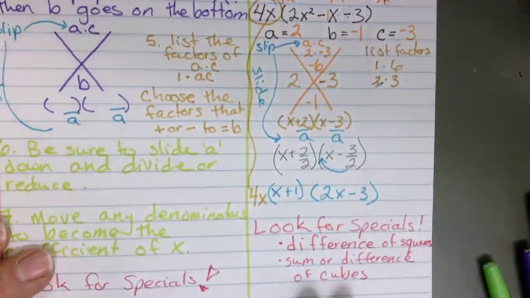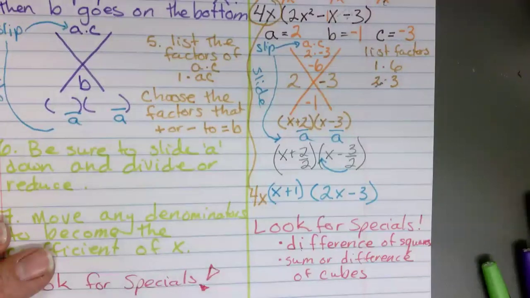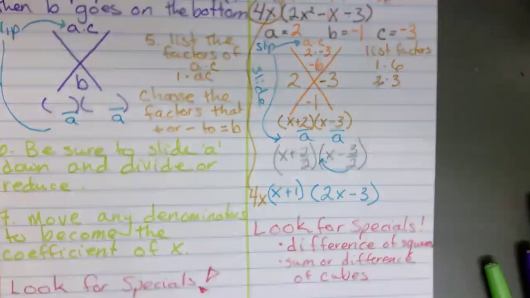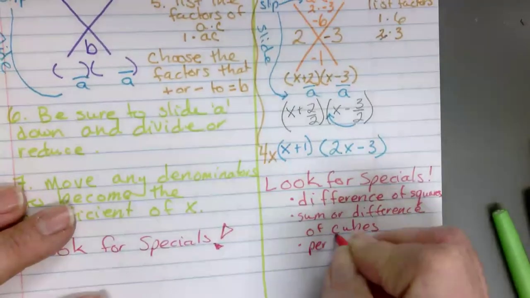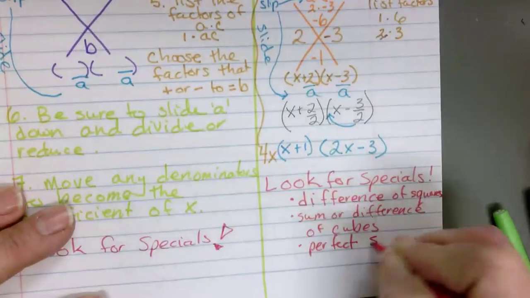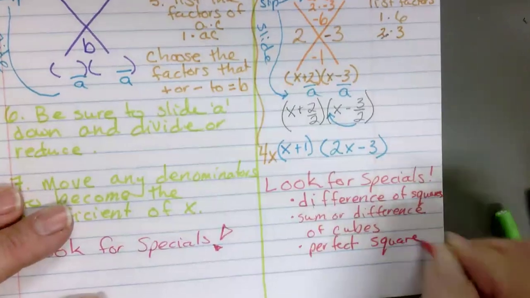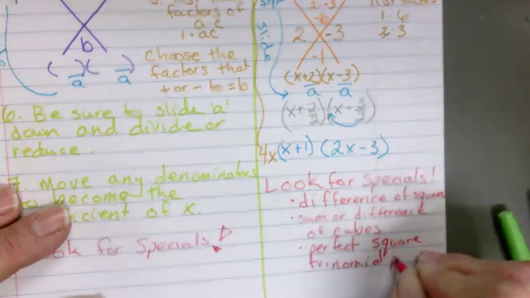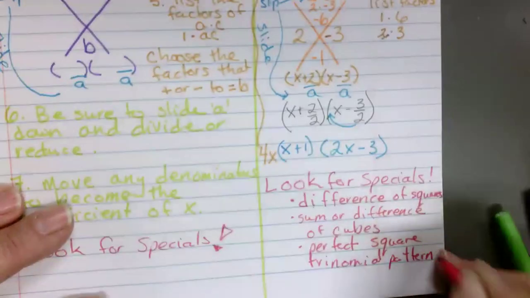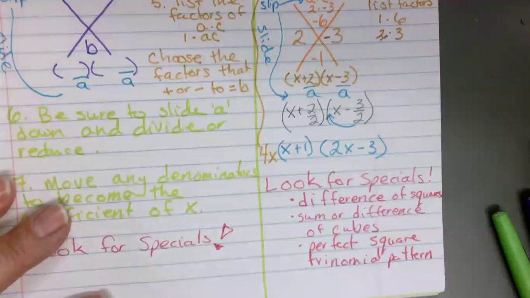We have not played with those yet, but we will next week. And then the last one you might learn about is looking for the perfect square trinomial pattern. And so we'll learn it and keep our eye out for that also.